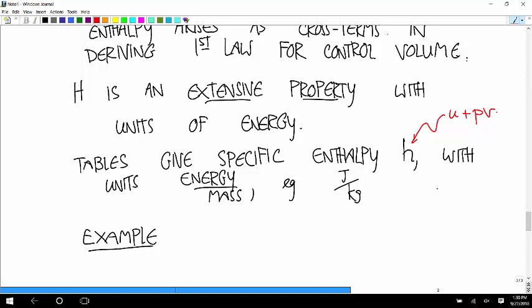Makes sense because the extensive internal energy is just the mass times specific u, and the extensive volume is just the mass times the specific volume. So if you multiply lowercase h by m to get uppercase H, it's the same thing as uppercase U plus P times uppercase V.